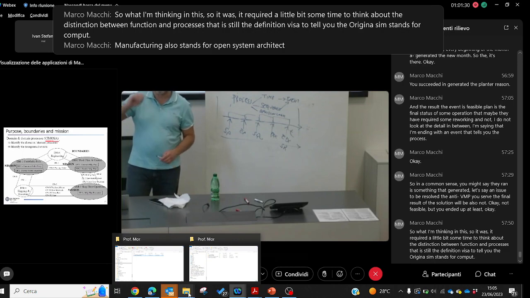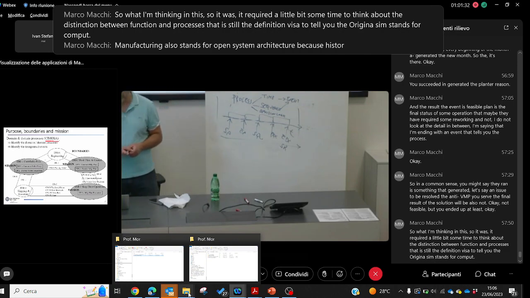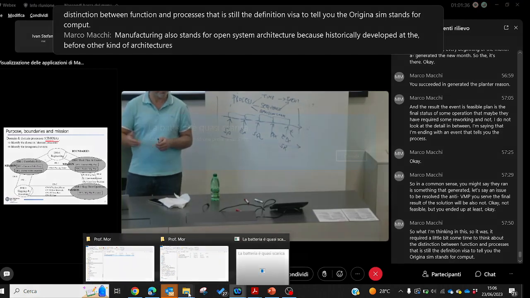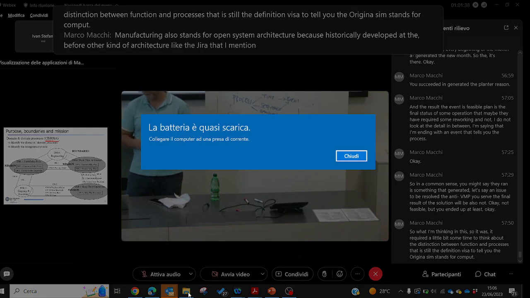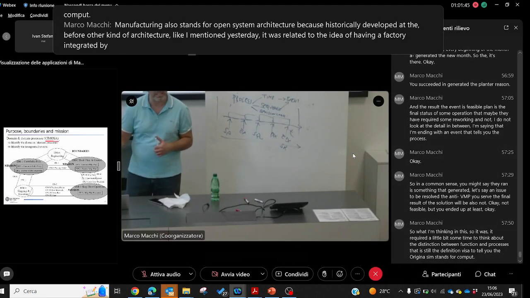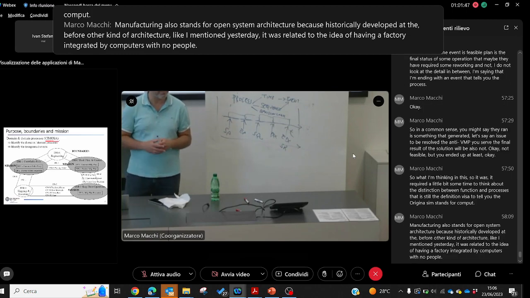It was historically developed before other kinds of architectures, like the one that I mentioned yesterday. It was related to the idea of having manufacturing integrated by computers with no people inside of the factory. It was in the 80s.